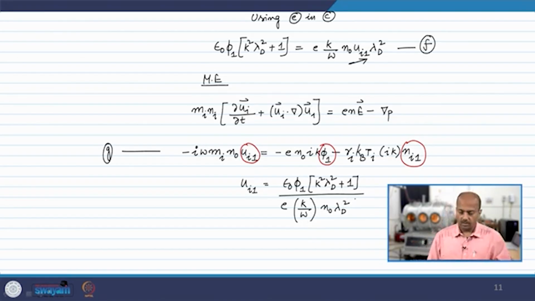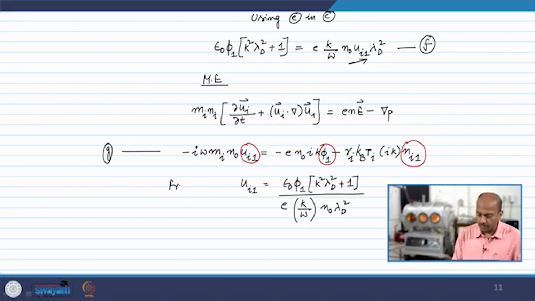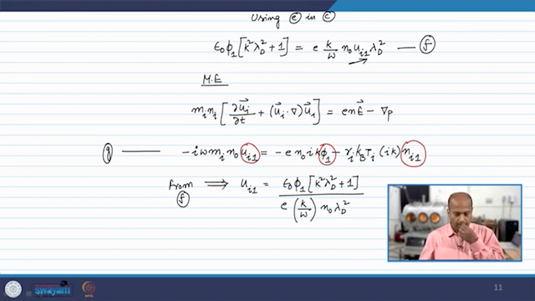Where did we get this? From equation F. Just try to follow the mathematics. The underlying physics will be explained at the end. Just try to understand how we are combining equations and trying to get the dispersion relation.